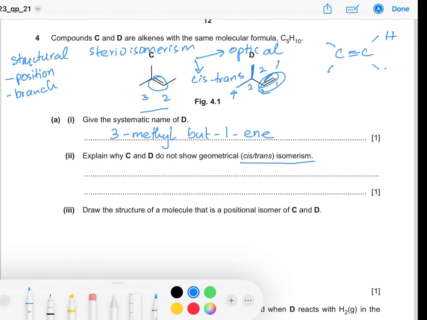So let's say if you were to have 2 same kinds of atoms on any of the 2 carbon atoms, if you had, let's say, cyanide and CH3 over here, even though the second carbon atom here has 2 different groups of atoms bonded to it, the fact that the first carbon atom involved in the carbon-carbon double bond is bonded to the 2 same atoms means that it cannot form a cis-trans isomer.